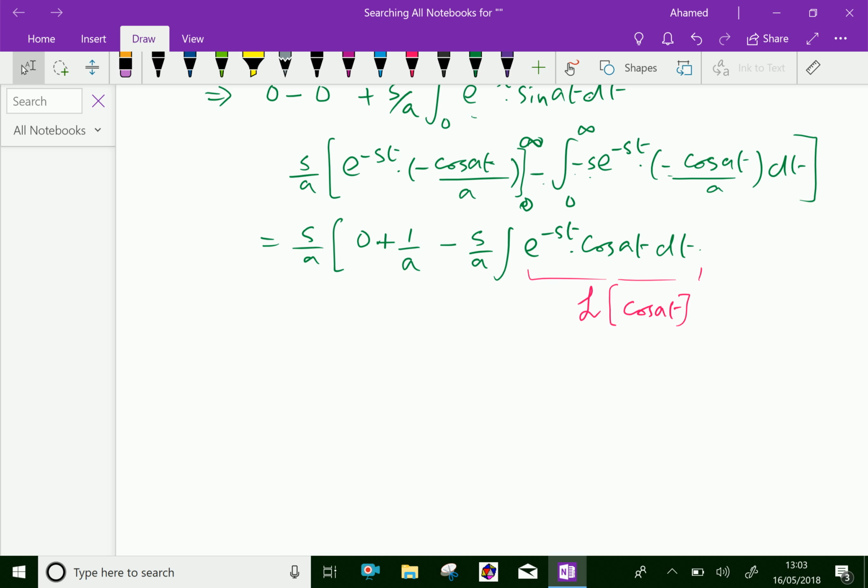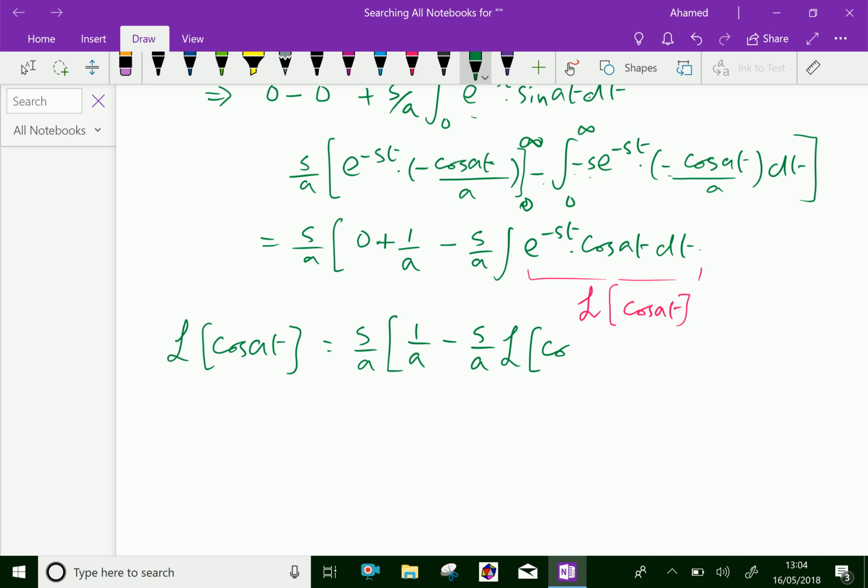Now we'll rewrite this: Laplace transformation of cos at equals s over a into 1 over a minus s over a times Laplace transformation of cos at.